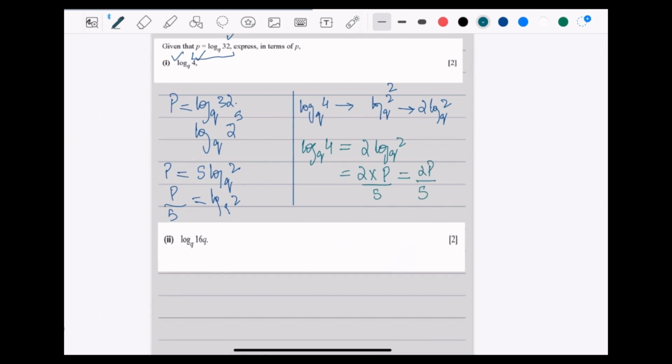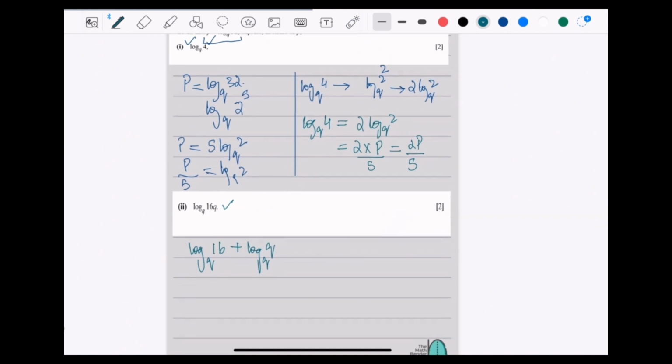Let's see another one. First step, expand it: log q of 16 plus log q of q. I can say this as log q of 4 squared plus log q of q, which turns out to be 1.